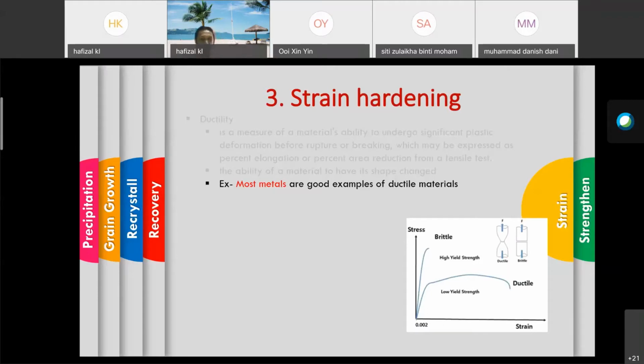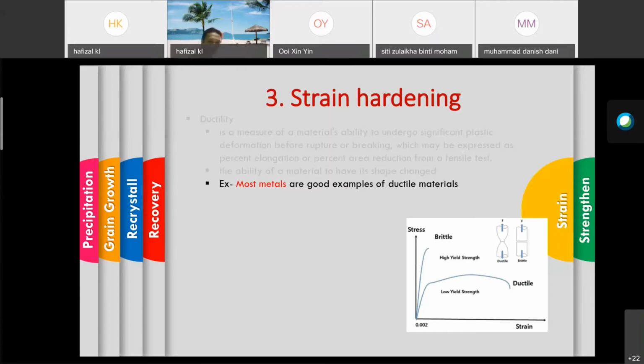So for the ductility, as you can see, these are examples of ductile metals. Most metals are good examples of ductile materials. Whether the plastic deformation area is bigger or smaller, we can manipulate by applying these 4 metal strengthening methods.